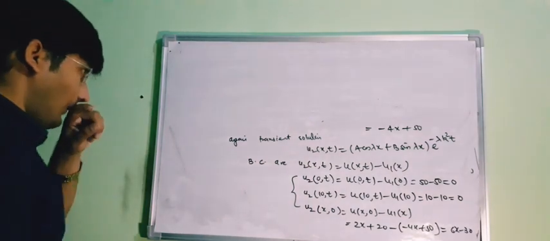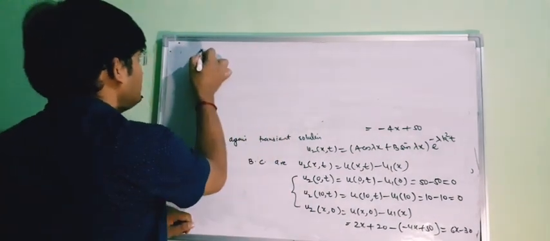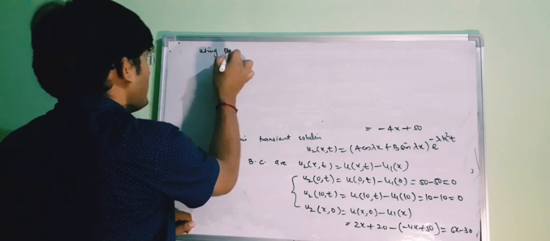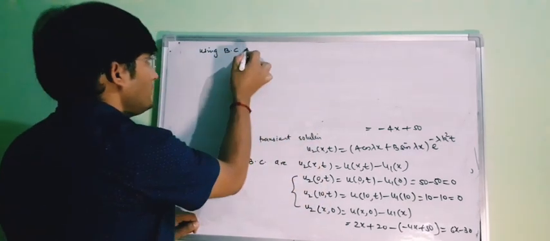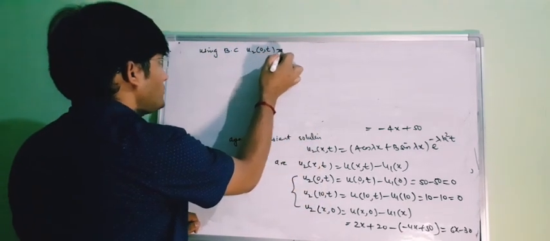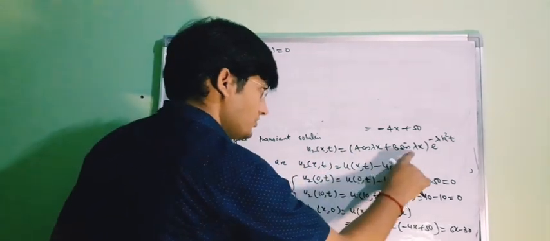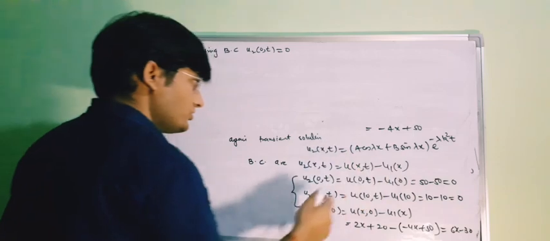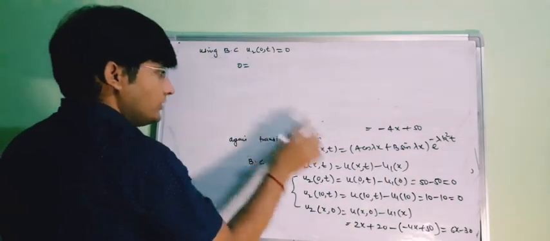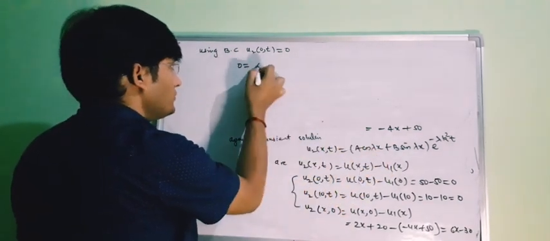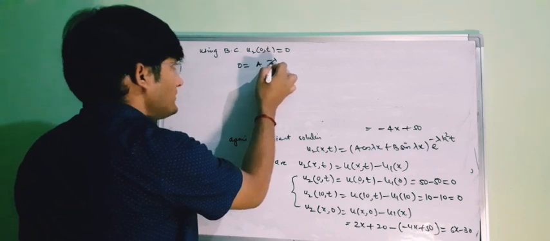Now using the boundary condition u2(0,t) equal to 0, when x is 0, sin 0 is 0. So we have 0 equal to a, cos 0 is 1, into e to the power minus lambda k square t.